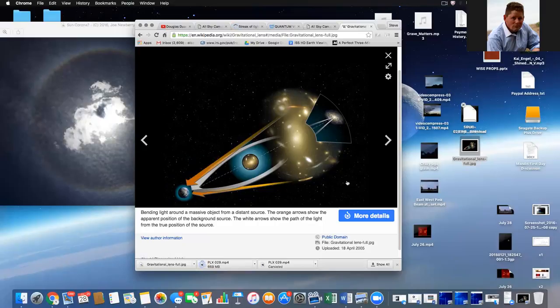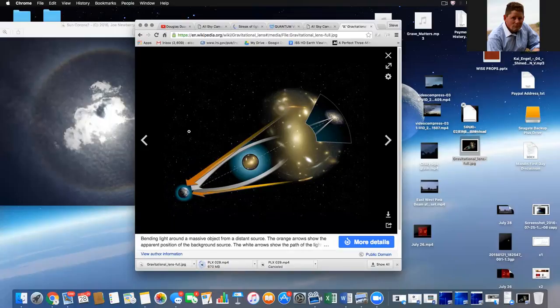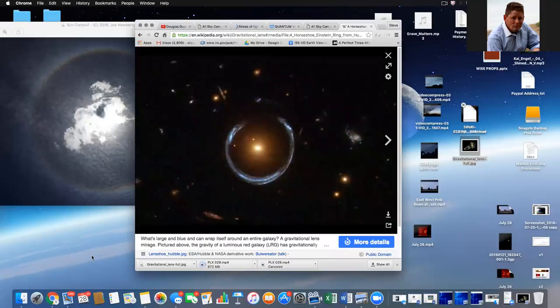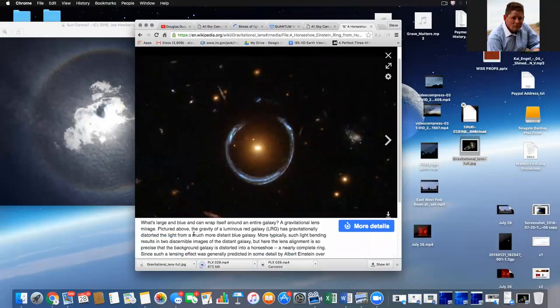Very cool. Now, the other thing to note about this scientific phenomenon, Wayne, is best illustrated in this picture, I think. What's large and blue and can wrap itself around its entire galaxy? A gravitational lens mirage. Of course, pictured above, the gravity of the luminous red galaxy, LRG, has gravitationally distorted the light from a much more distant blue galaxy.